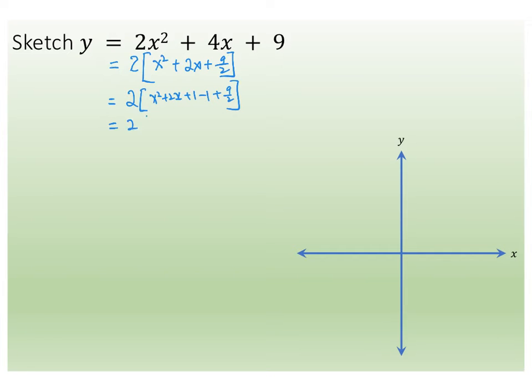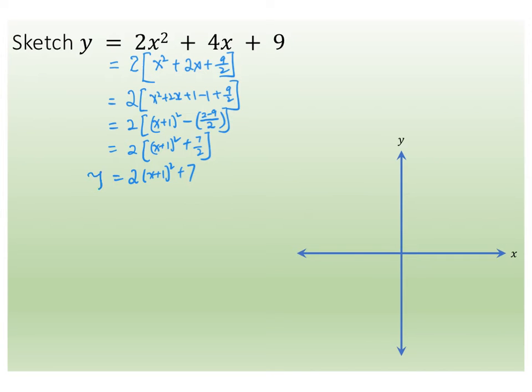So therefore 2 times x plus 1 squared minus, put a bracket here, 2 minus 9. Therefore it's 2 times x plus 1 squared, 2 minus 9 is minus 7. Minus 7 times minus becomes plus 7 over 2. Multiply the 2 in, so you've got 2 times x plus 1 squared plus 7.